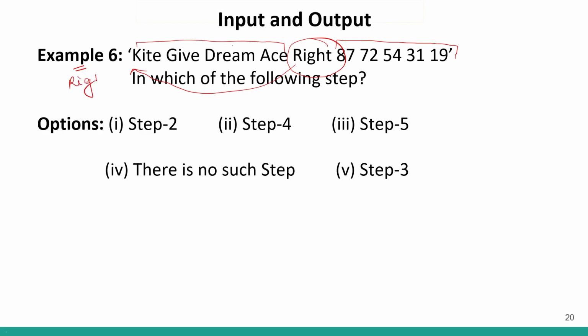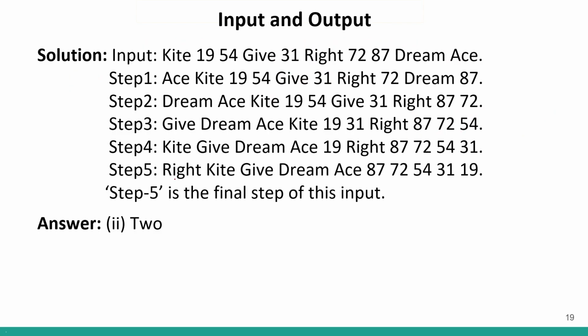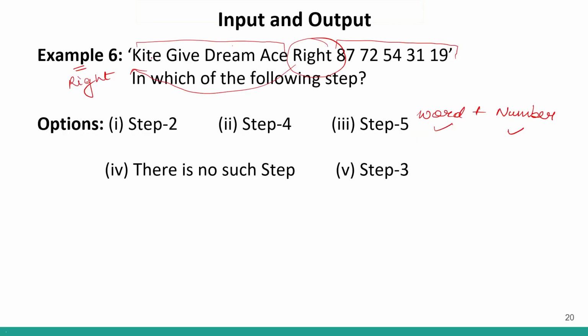Okay. So in each step, we saw that there were at least 2 elements, a word plus a number, that had to be arranged. In no step were the words not arranged but the numbers arranged. There was no such step. If I look at the arrangement, this is starting with kite, correct?